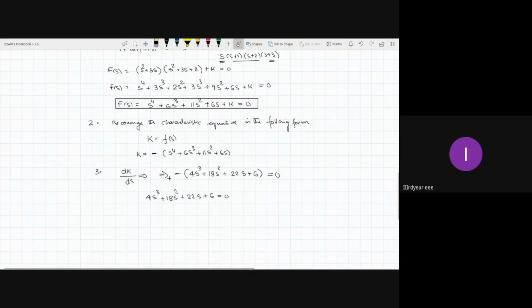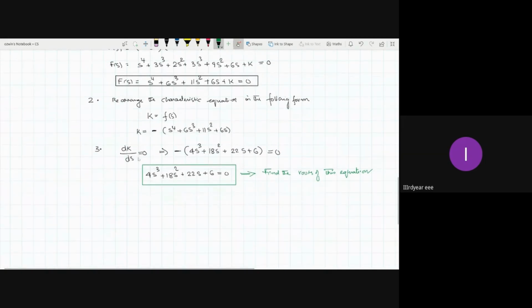Let me highlight this equation as well, but with a different color. Now what you do, find the roots of this equation. All right, it's a third order function, so obviously you're going to have three roots, right?